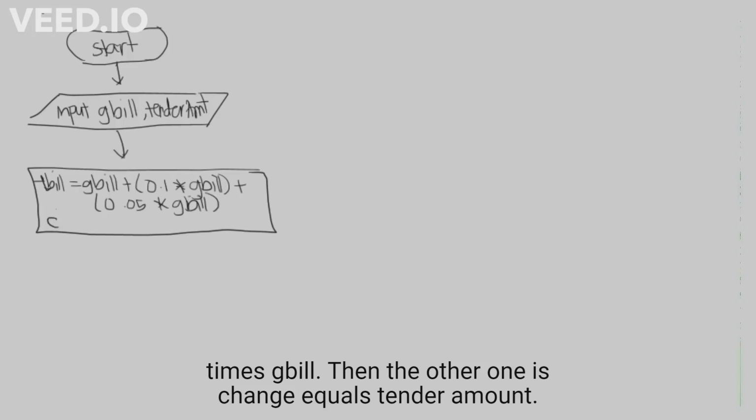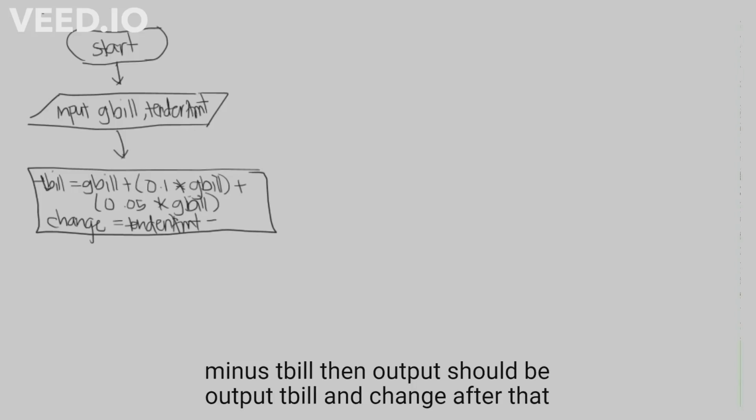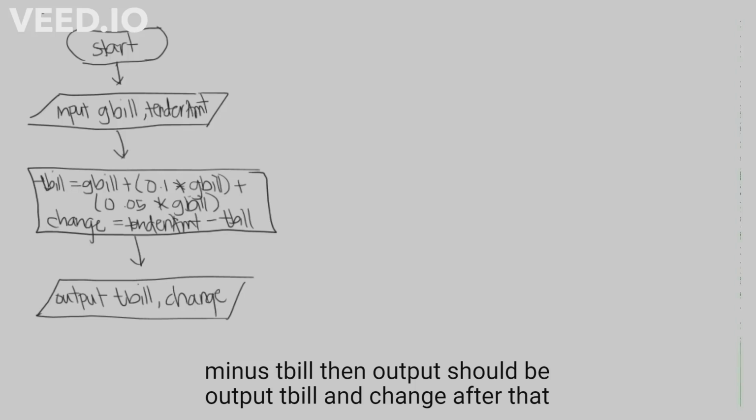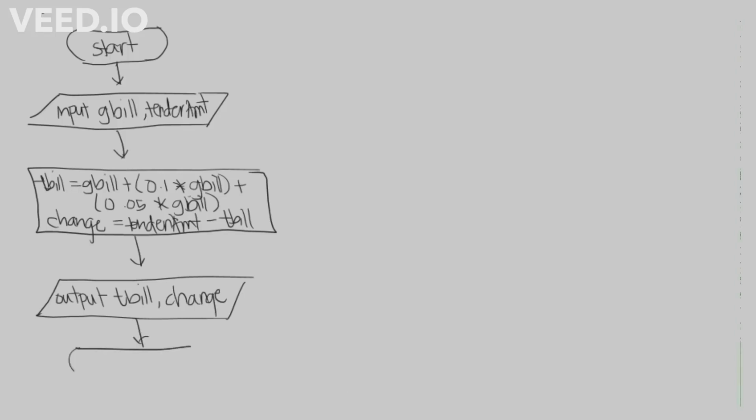Then the other one is change equals tender amount minus T bill. Then output should be T bill and change. After that, end the flowchart.